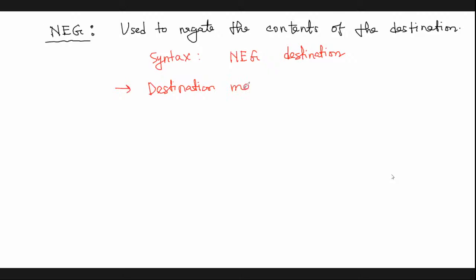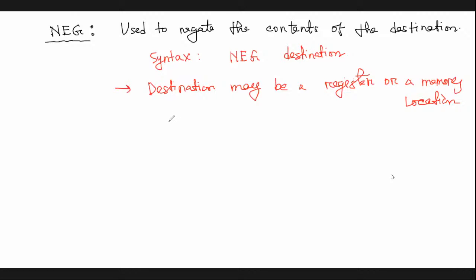Destination may be a register or a memory location, but destination cannot be number.